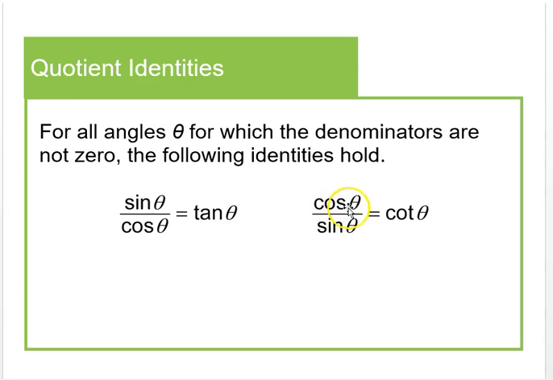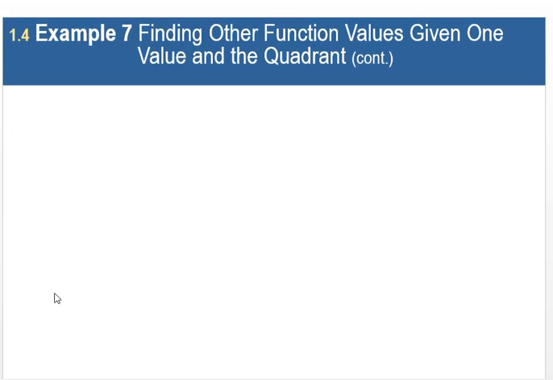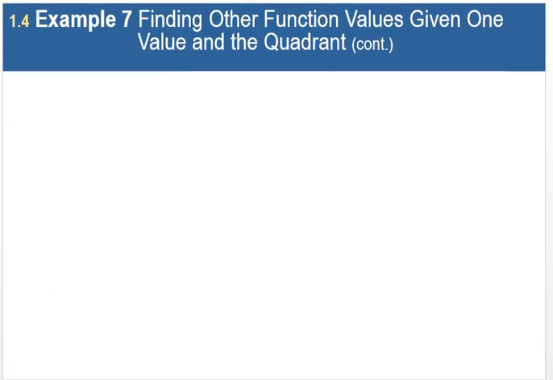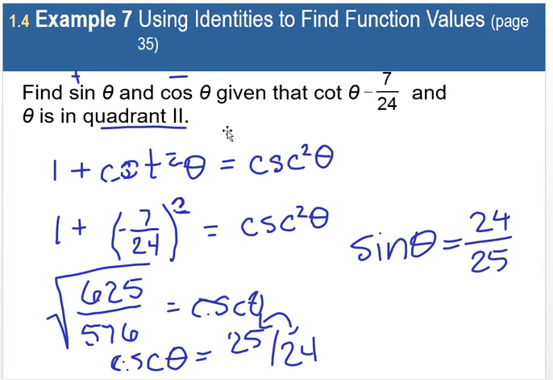Say cosine of theta is equal to cotangent times sine theta. So let's do that. Cotangent of theta is equal to cosine theta over sine theta. So in the previous slide, we found what sine is equal to.